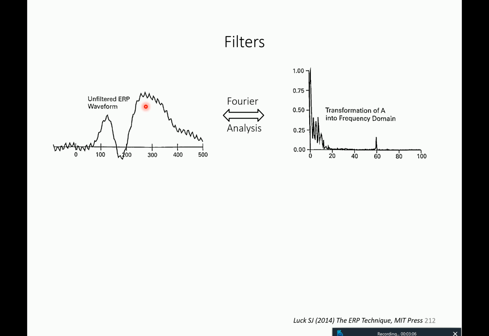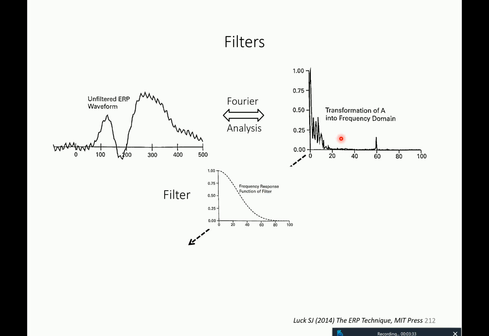The way one can look at filtering is that filters can be thought of as acting in the frequency domain and as weighting content in the frequency domain. So if you're talking about low pass filtering a signal, in the frequency domain you allow low frequency content to pass.